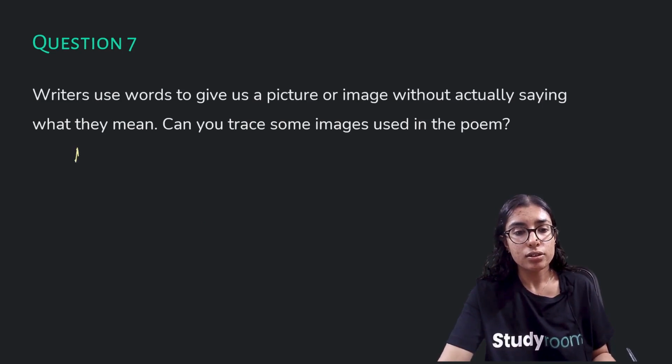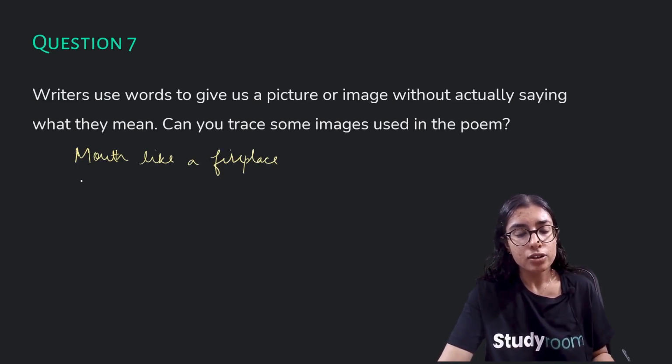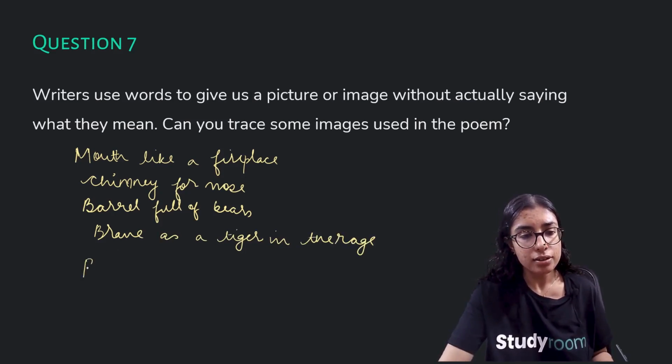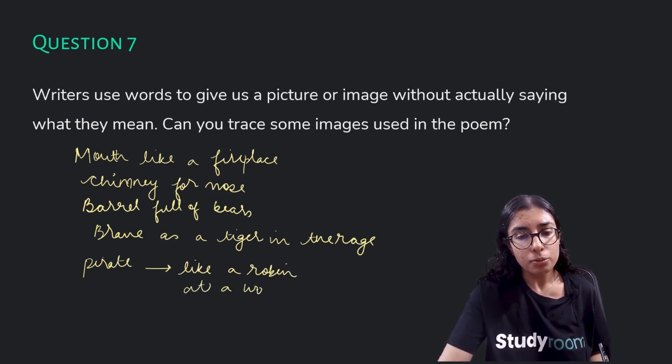That is, mouth like a fireplace, chimney for nose, barrel full of bears, brave as a tiger in the rage, and he went at the pirate like a robin at a worm.